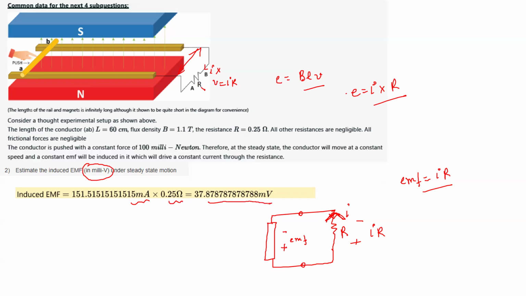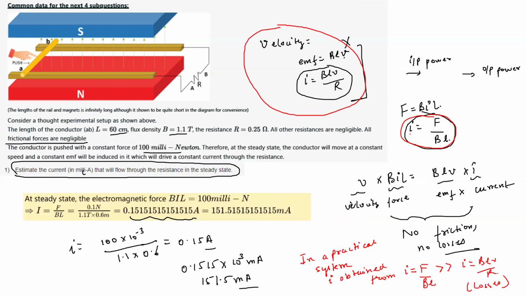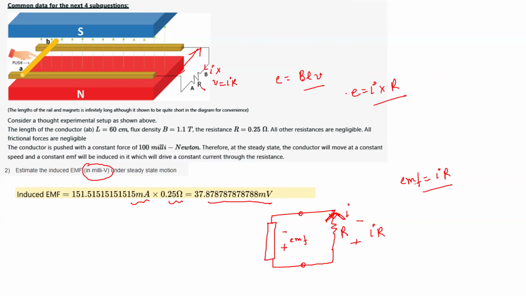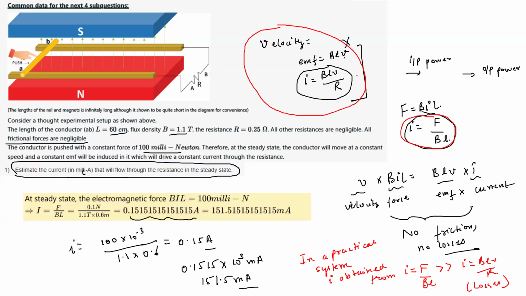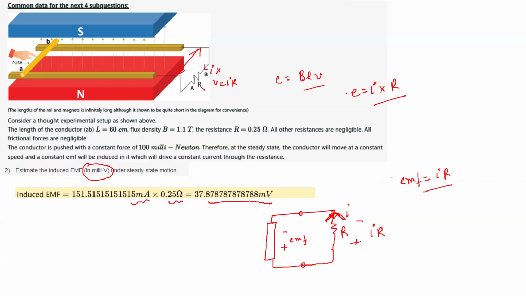Okay, so again, as here we have done some approximation that this current which is obtained by F by BL is exactly equal to current by BLV by R. So here also we are doing the approximation. The approximation done there was that there is no friction forces, and here the approximation done was there is no resistance anywhere in the conductor.